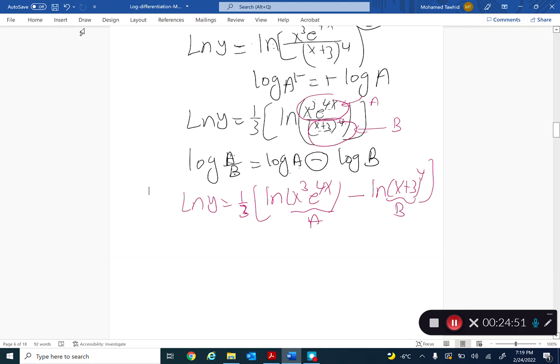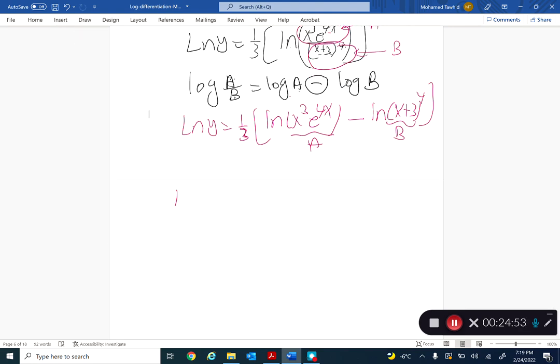And now, can I simplify more? Yes, you can simplify before we take the derivative. So look what you have. You have x cubed multiplied by e to the power 4x. So the rule, if you have log of a multiplied by b, it will be log a plus log b. So you have 1/3 outside here.